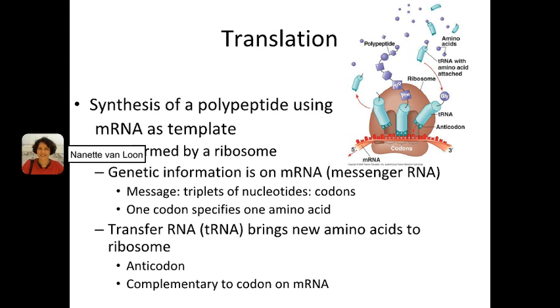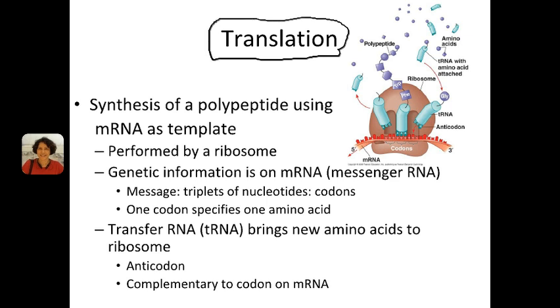The making of the RNA transcript is only an intermediate step. We want to make a protein, and that is going to be accomplished in the process of translation. So translation is the making of a polypeptide chain, this time using messenger RNA as template.